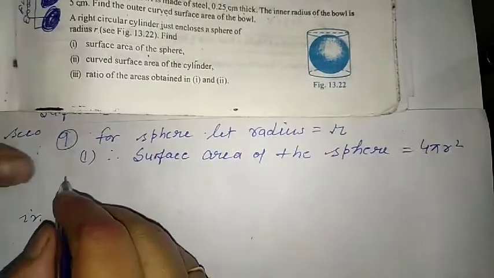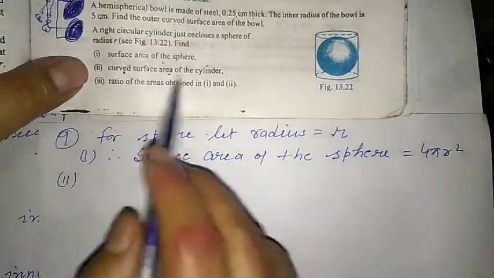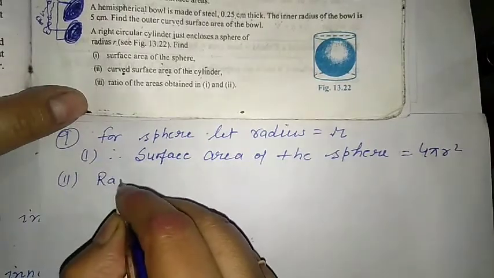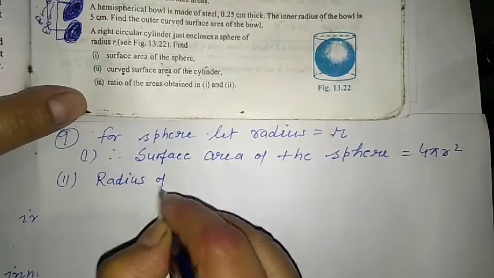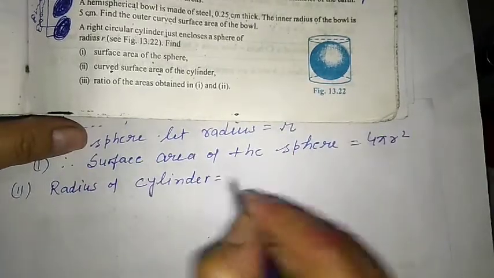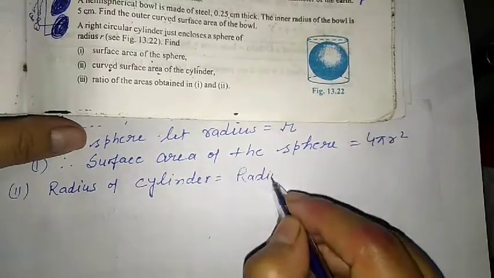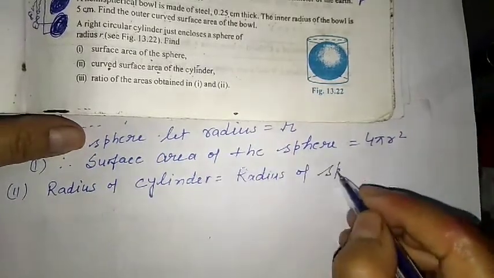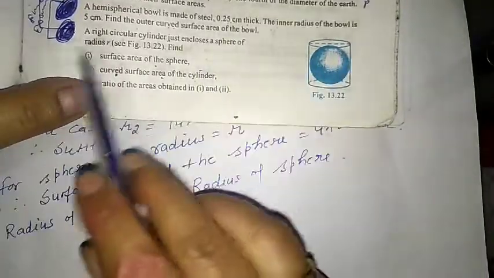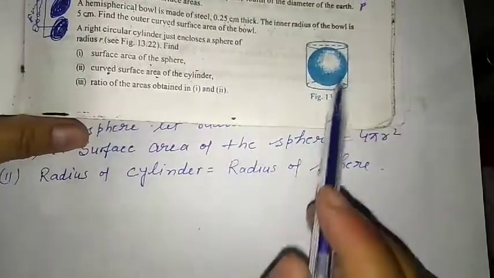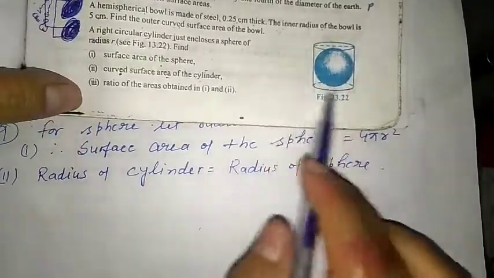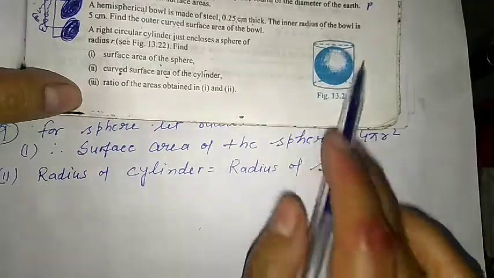Now for the second part, curved surface area of the cylinder we have to find here. Now radius of cylinder is equal to radius of the sphere, because the right circular cylinder just encloses means this sphere touches all the sides of the cylinder.